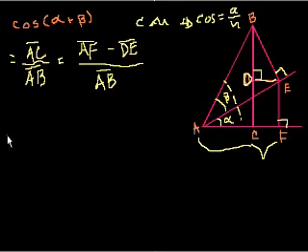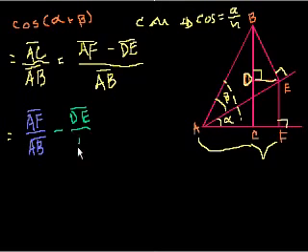And then, of course, I'm going to switch to some different colors. We can rewrite that as AF over AB, and we switch to maybe green, minus DE over AB.